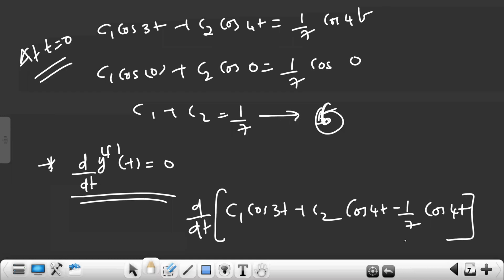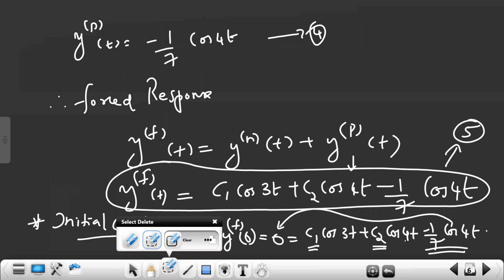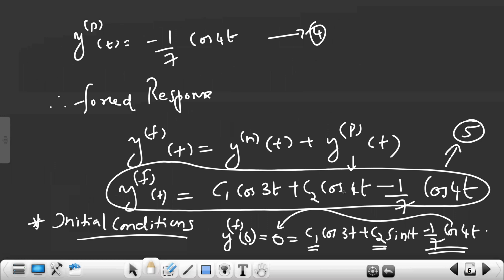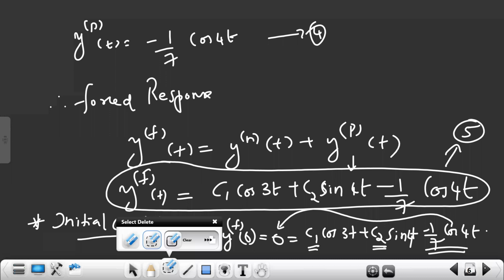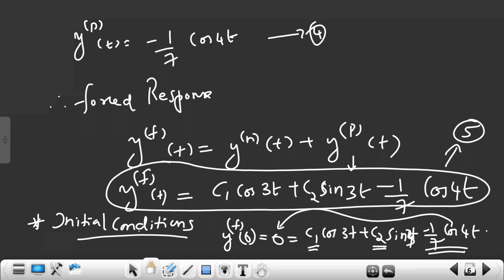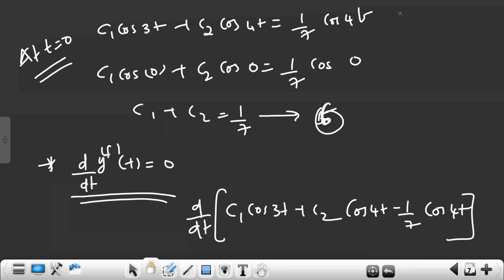Please correct all of you. This will be sine 3t, right? C1 cos 3t plus C2 sine 3t. Yeah, correct. Sine 3t. So there is a mistake over here. Students, all of you correct?